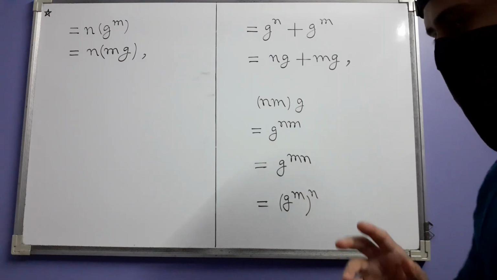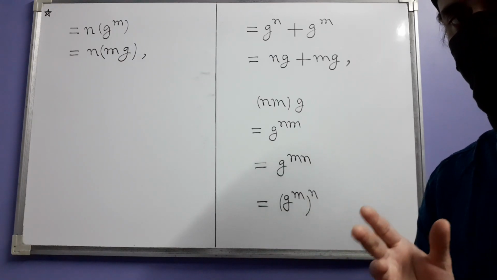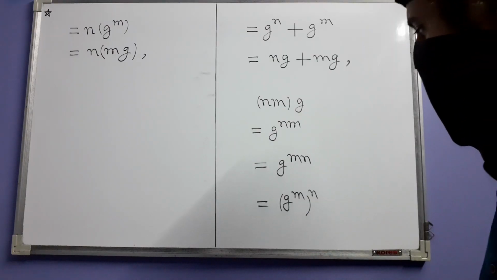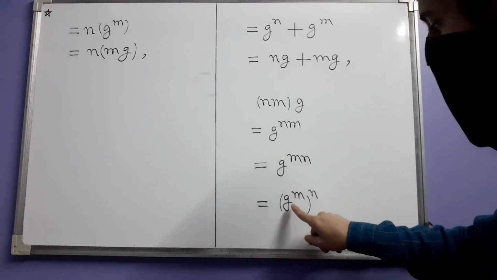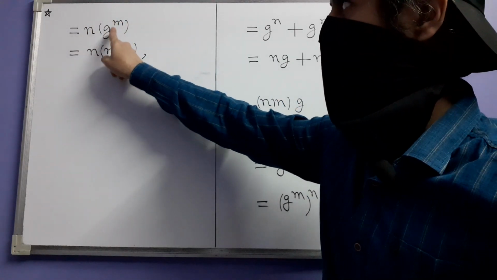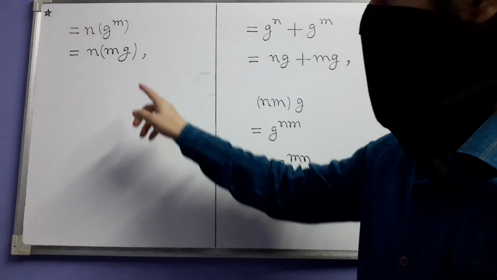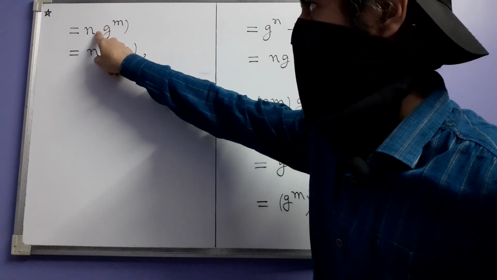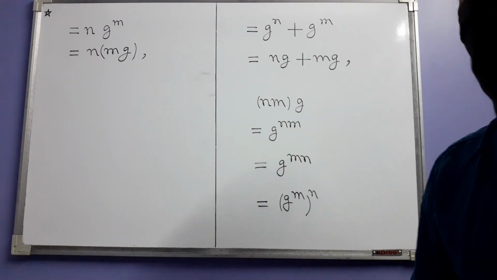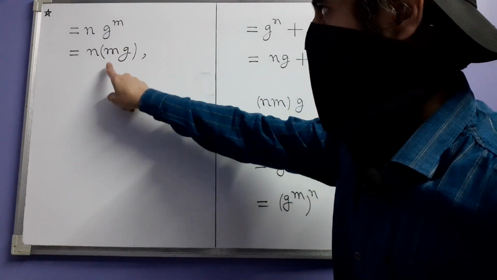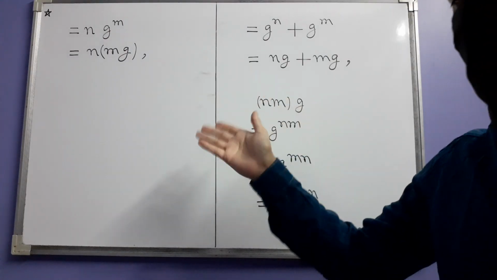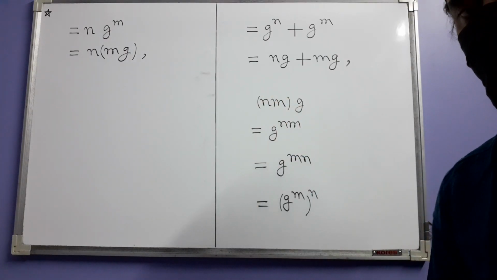Here also it does not matter what the signs of the integers n and m are, any integer works. So that's how you have this. Now this to the power n means n times g to the power m. There was actually no need for this set of brackets, but anyway, and this g to the power m is itself mg. So that's how you have the third axiom also verified.